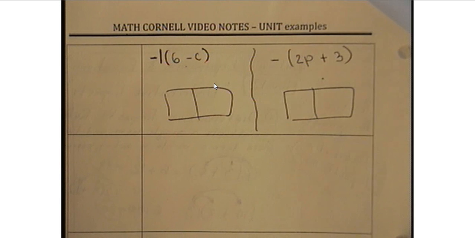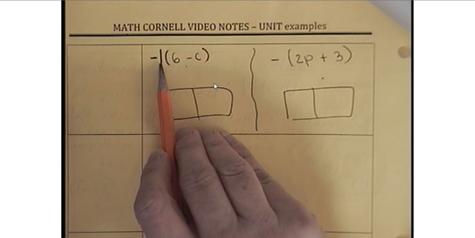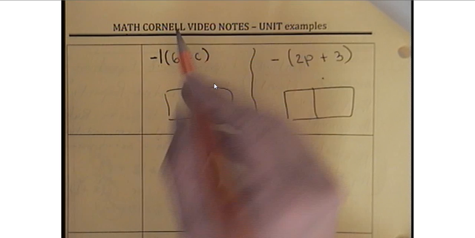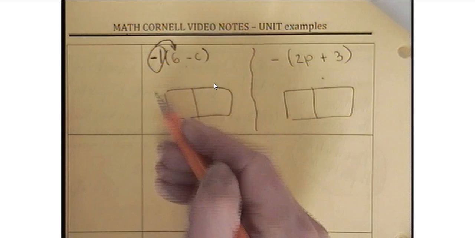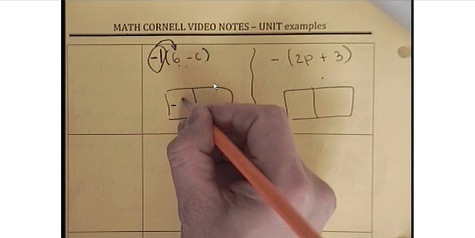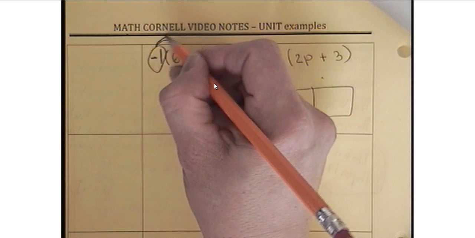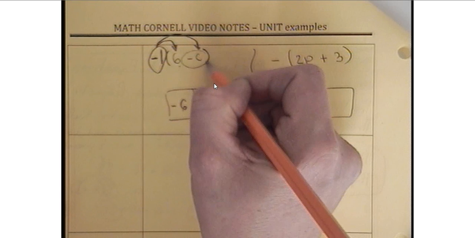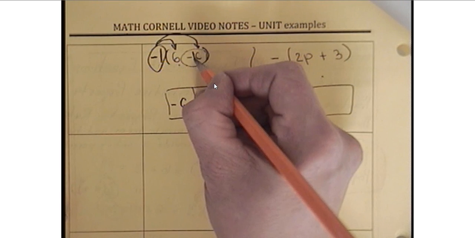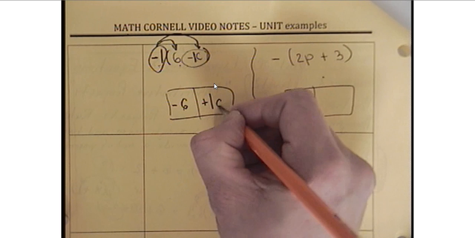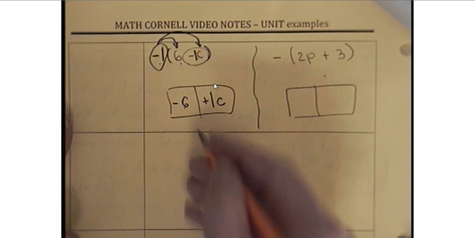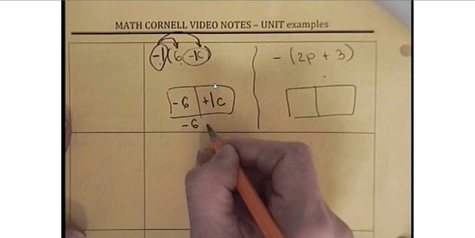So if there is no number, we write 1 and we start calculating negative 1 times 6. Negative 1 times 6 will give us negative 6, and then negative 1 times negative c, or negative 1c. Negative 1 times negative 1 will be positive 1 variable c.